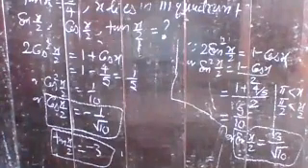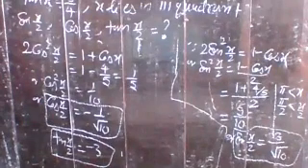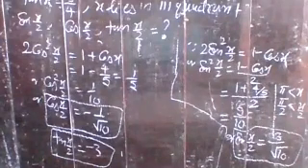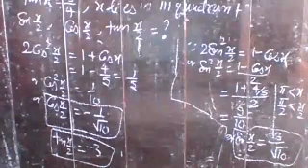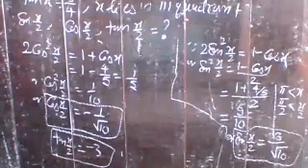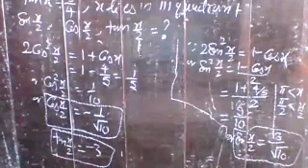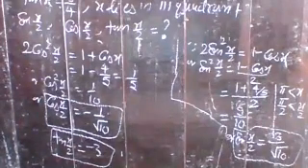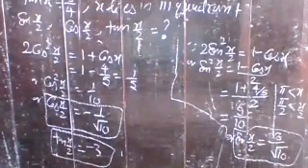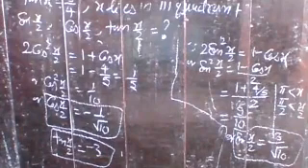Find sine x by 2, cos x by 2, and tan x by 2 if sine x is equal to 1 by 4, and x does not lie in the first quadrant.